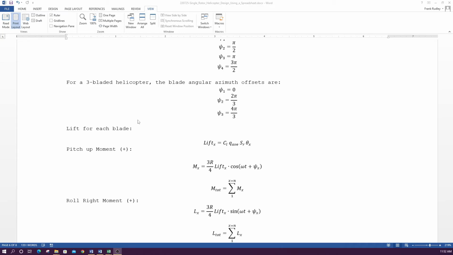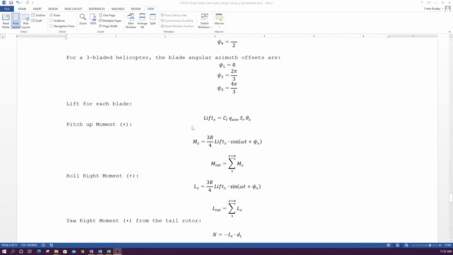So anyway, the lift for each blade is going to be the coefficient of lift, which is 2 pi, because we consider everything as just being a flat plate, times the average dynamic pressure, times the surface area, times the pitch of the blade. These x's represent blade 1, 2, 3, or 4, and this is the pitch of the blade for blade 1, 2, 3, or 4.